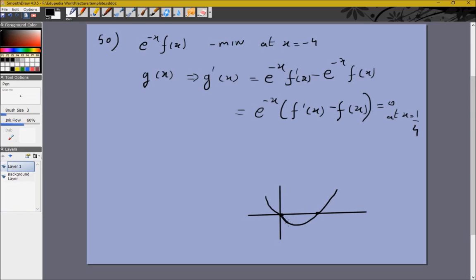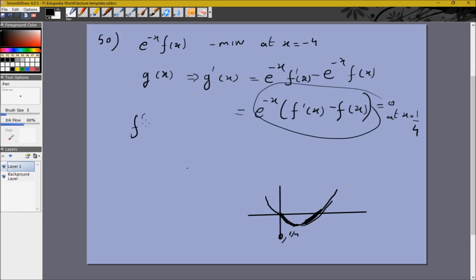That means there are two terms like this. This is the term where it is 0. That means between 0 and 1 by 4, it has to be negative, and between 1 by 4 and 1, it has to be positive, this term.